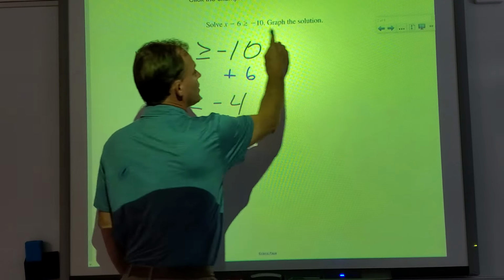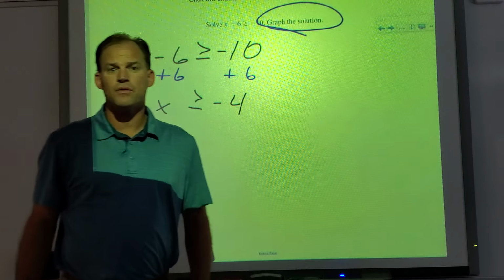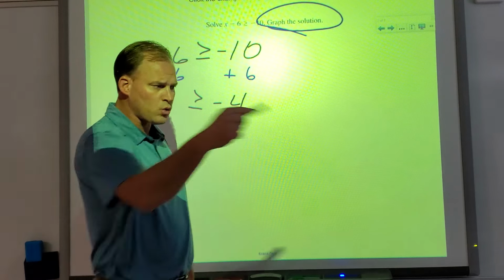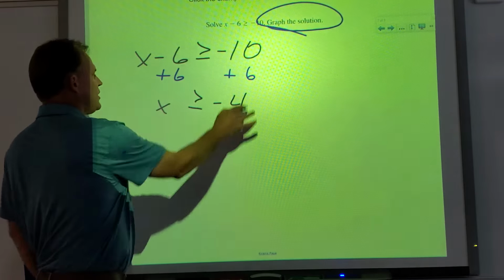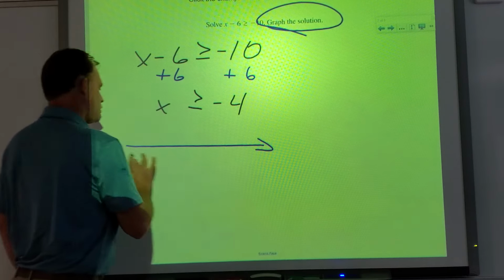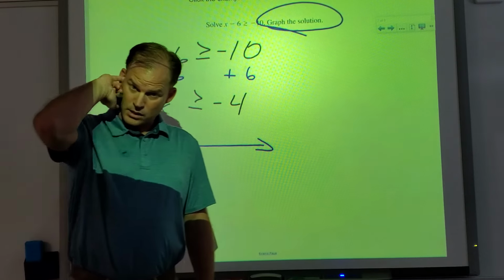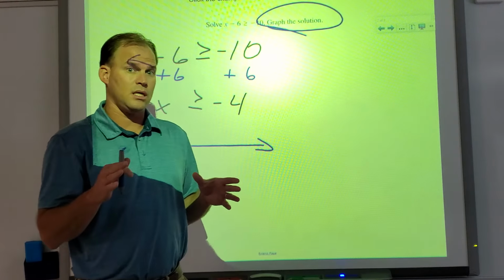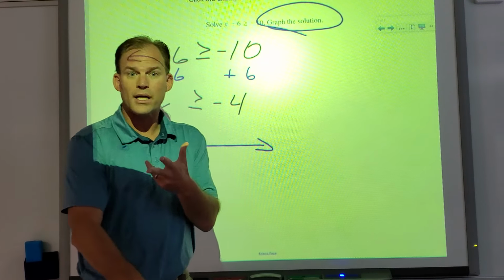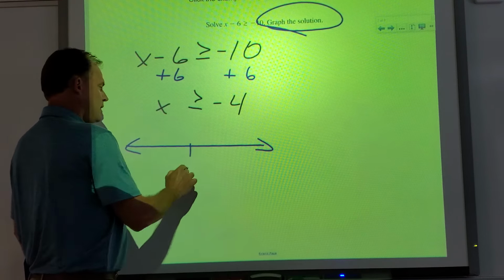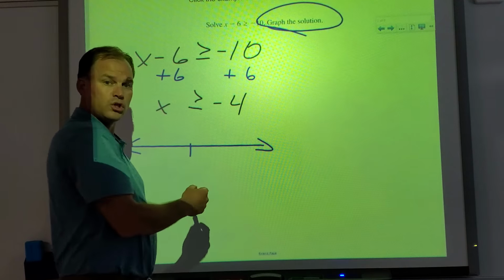Now, the other part of your work is going to say graph the solution. So, just like you did Monday or Tuesday in section 2.1, I need to graph this. If you're on Big Ideas, make sure you select the correct dot and the correct direction. So, is this an open or closed circle?